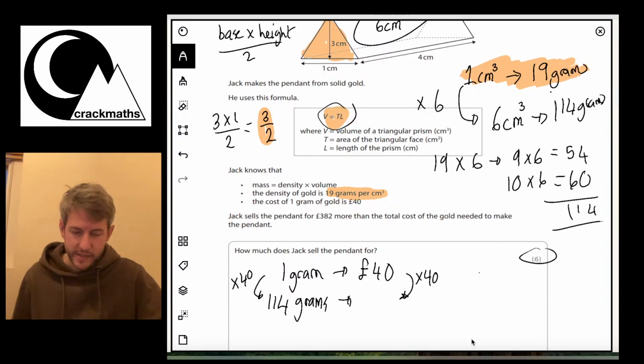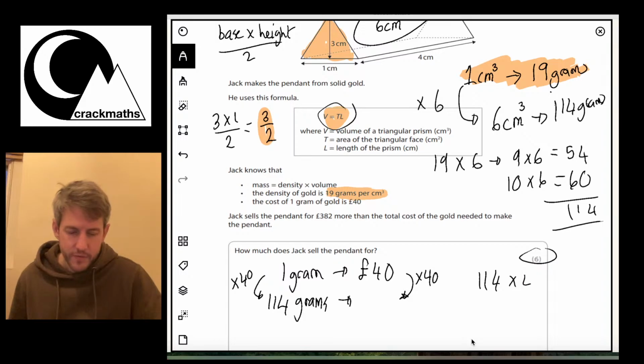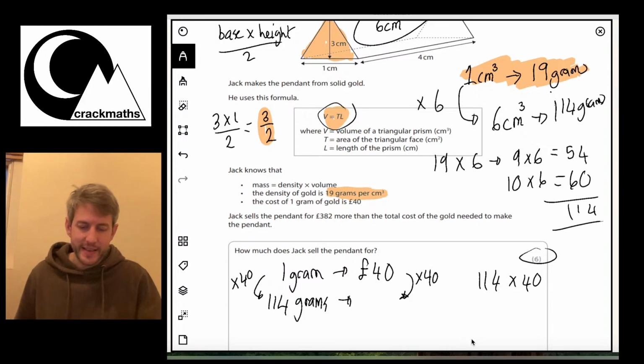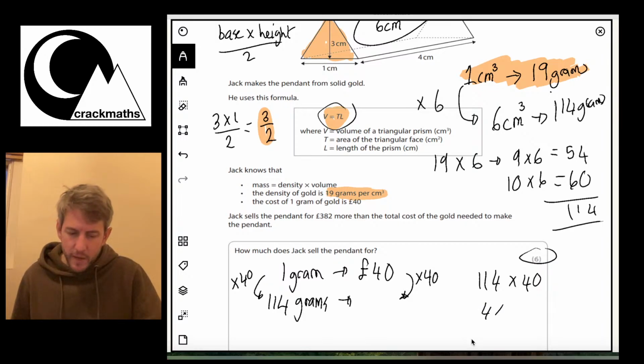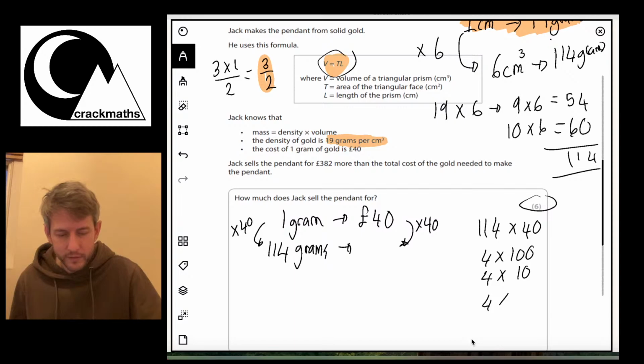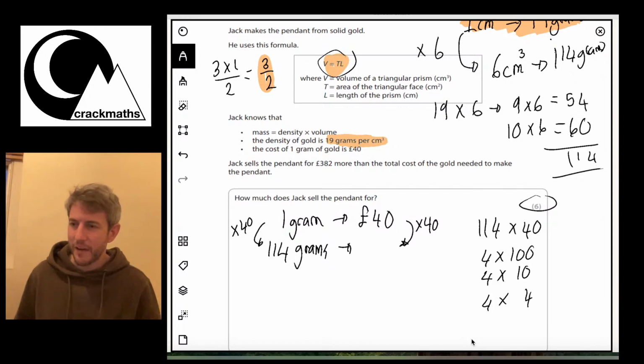So what I'm going to do is think about it like this: 4 times 100, 4 times 10, 4 times 4. Add that together, and then I'll add on a 0.